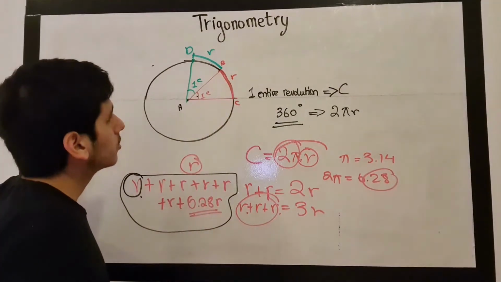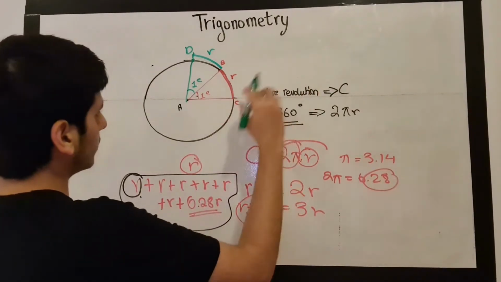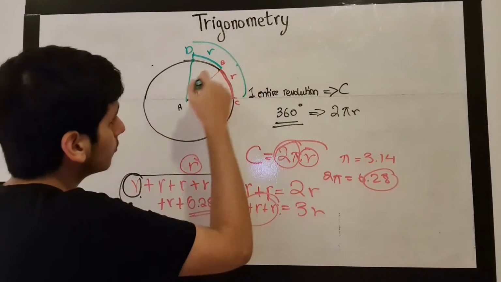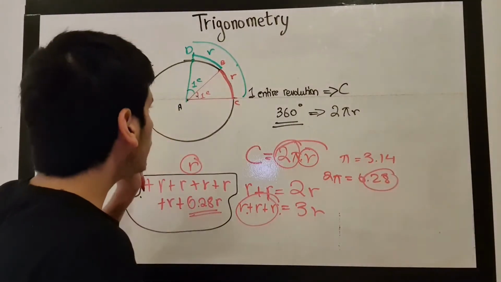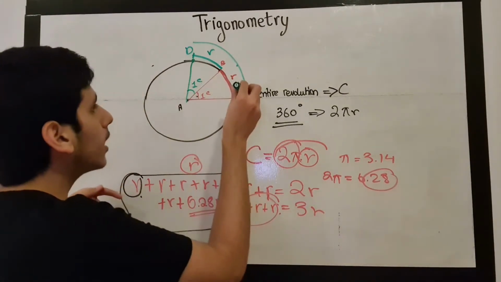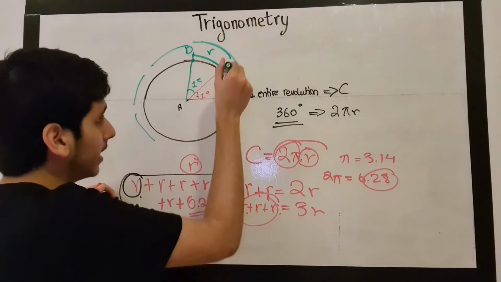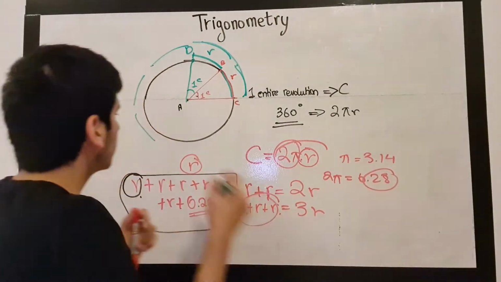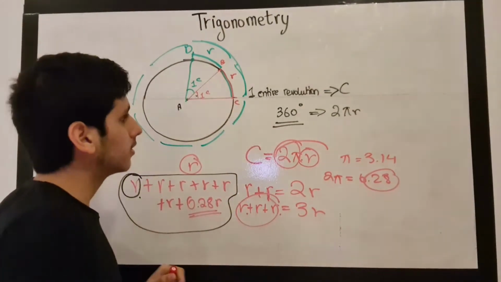So the big arc CD corresponds to 2 radians, right? Now, how many times would I have to make these arcs of equal length r such that it covers the entire circle?